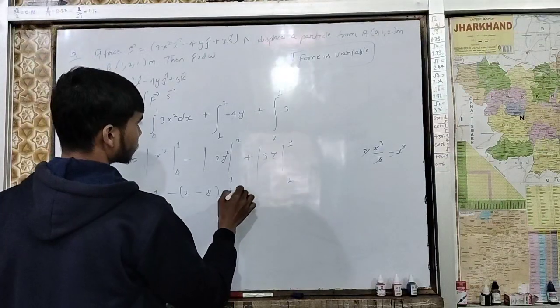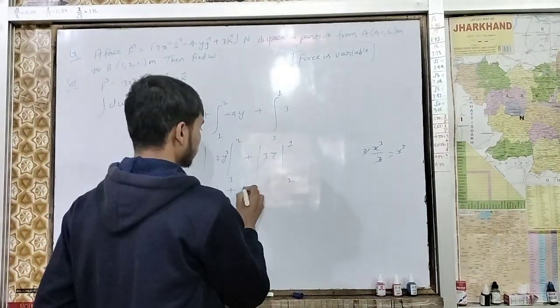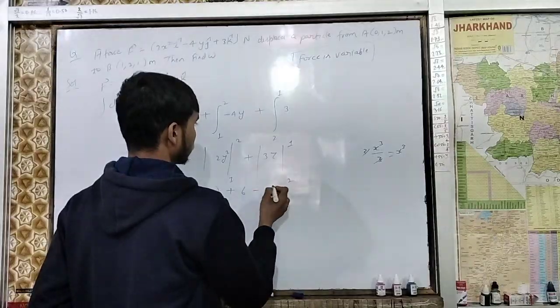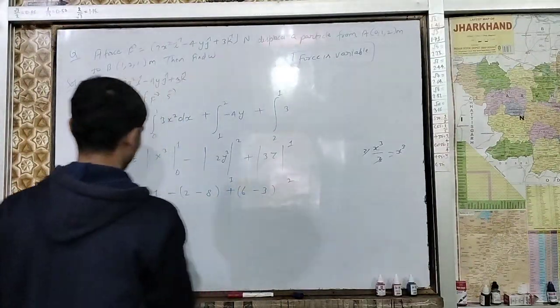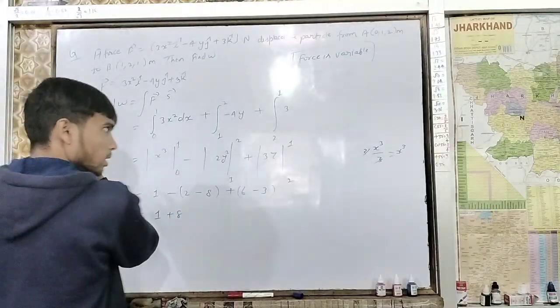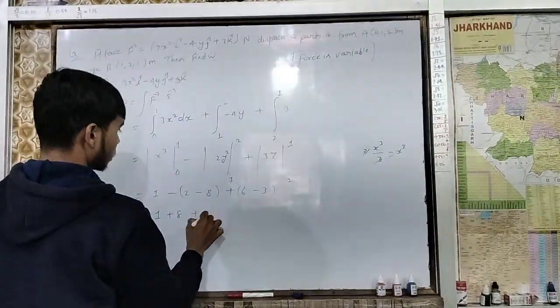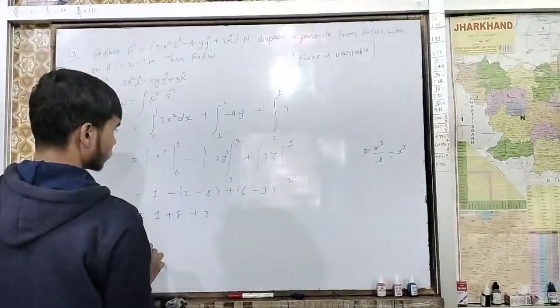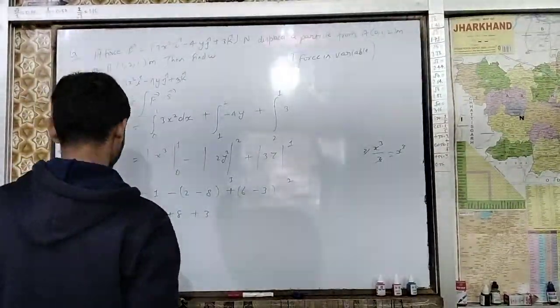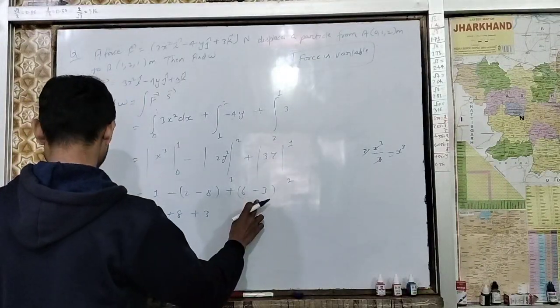Clear? Plus 3z. First of all 2. 3 2s are 6 minus 3 1s are 3. 1 8 and 3. So our answer is, this is also minus.